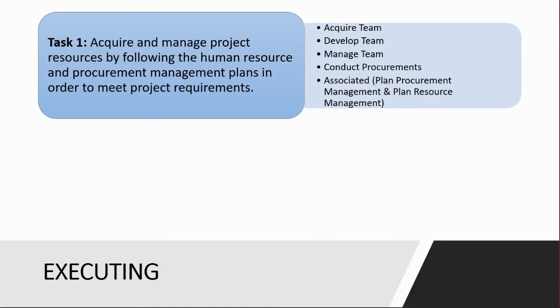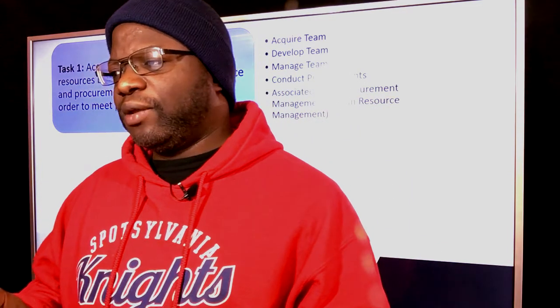So you are acquiring the team, but you do not acquire external team members without going through some form of procurement. You send out the description of what you're looking for, the bids come back in, and then you hire the contractor or the individual, whoever you are using as staff augmentation. And it says it is in order to meet project requirements.